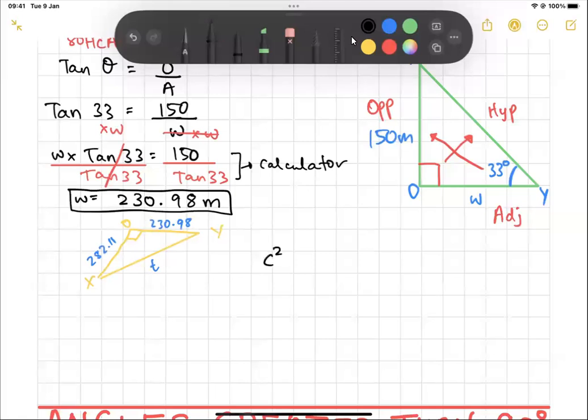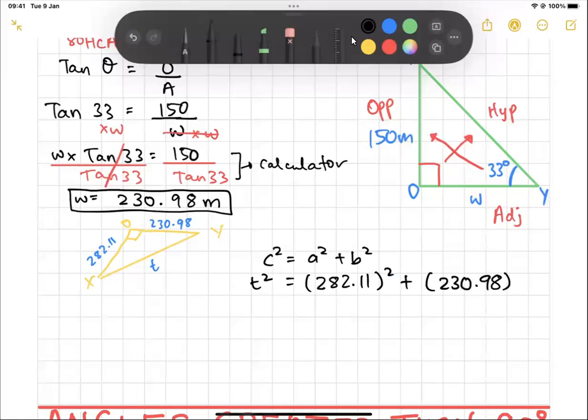So I'm going to write down C squared equals A squared plus B squared. T squared, which equals XY, equals 282.11 squared plus 230.89 squared. Put that into the calculator and you should get 132,937.8125 equals T squared.